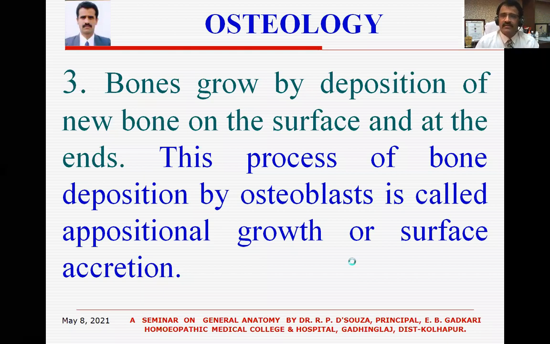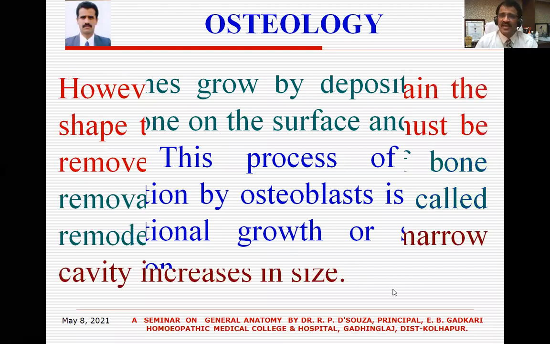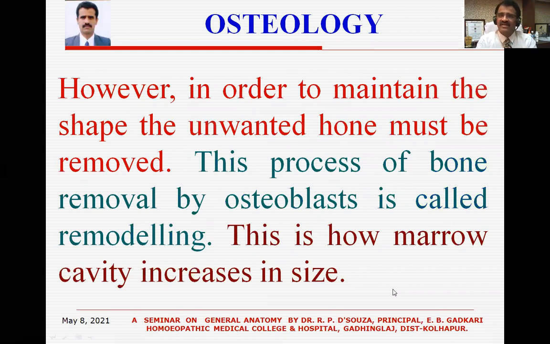And the last part is, in order to maintain the shape, the unwanted bone must be removed, and this removal by osteoclasts is called remodeling. This is how the marrow cavity increases in size. So there is remodeling of the bone also to give it shape.